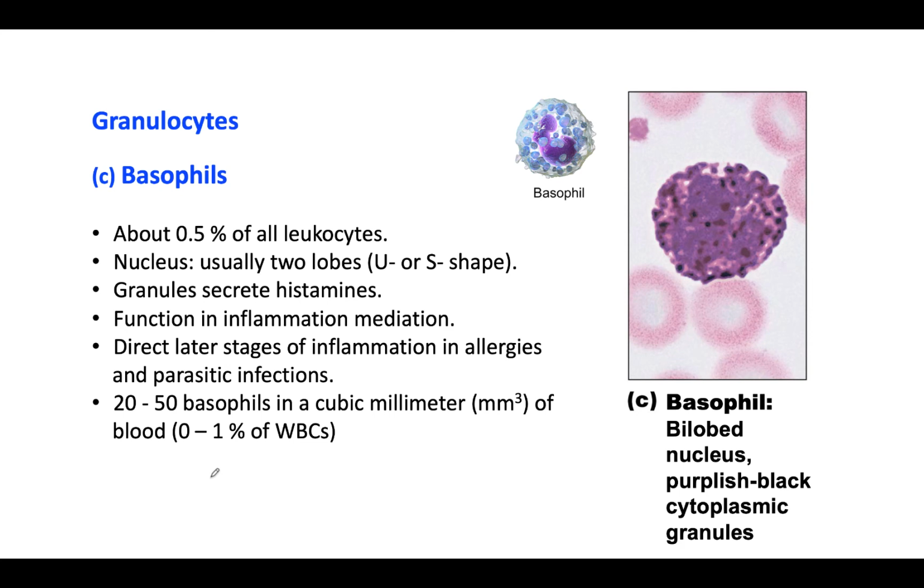Basophils. Basophils compose 0.5% of all white blood cells. So it's not many. The nucleus usually has a U shape or S shape. It's hard to see the nucleus of a basophil, but you can imagine basophil has two lobes.